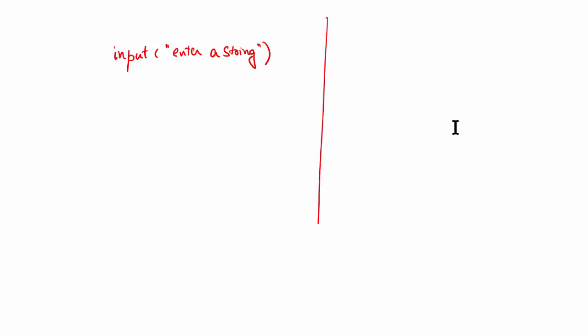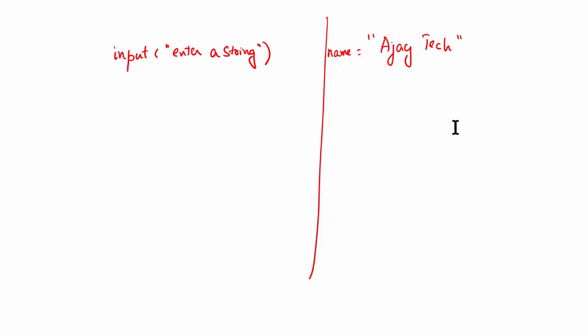Let's take another example. Say we want to find out the length of a string. Say a simple string. We want to find out the length of that string. Say name equals the string, and then to find out the length of the string, we can do it in a couple of ways.